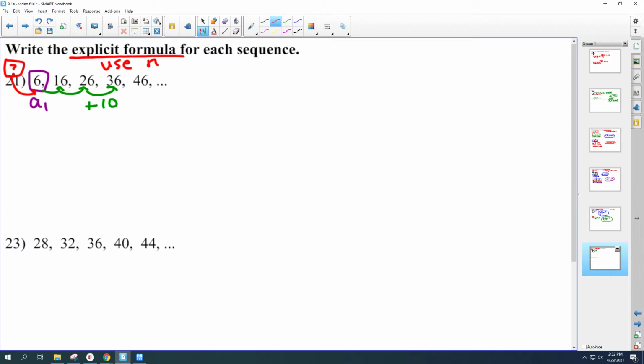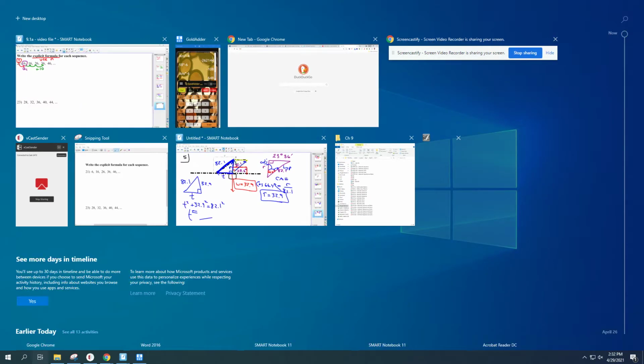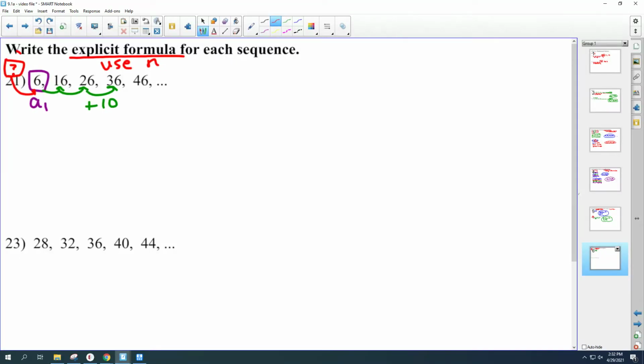This number must be negative 4. All right, so here's what's going to happen. We're adding 10 a whole bunch of times. So if you add it multiple times, there's your n right there. It's going to be plus 10n. So the nth term for the explicit formula is going to be that starting number, negative 4, plus 10n.